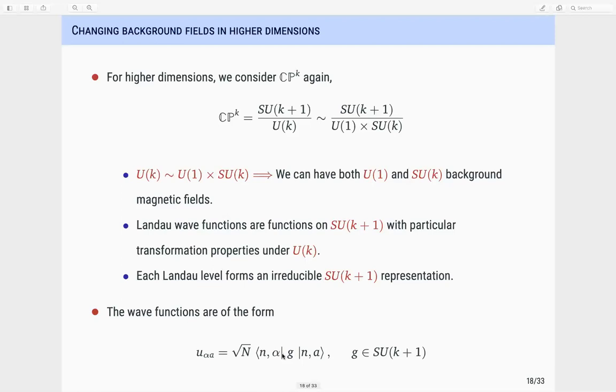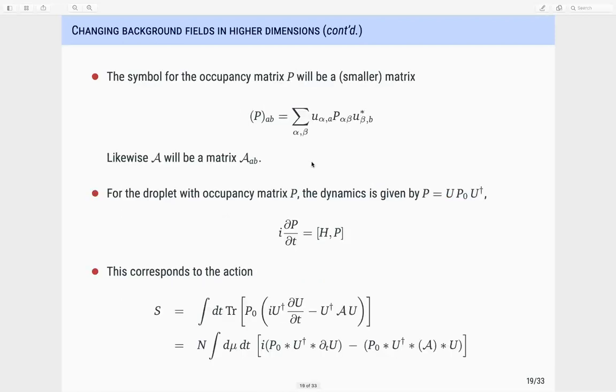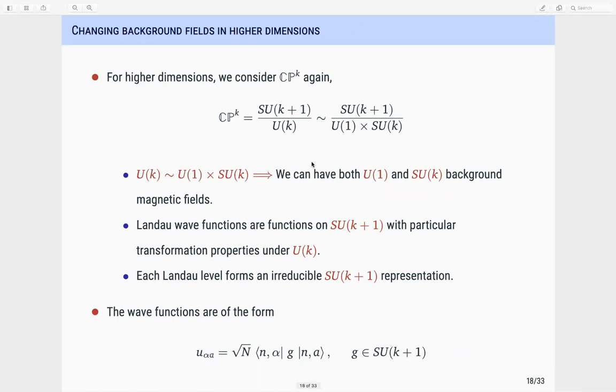So let's take these wave functions. I don't need to construct them explicitly and show you all the details, but the point is there are these wave functions, but notice that there is an index on the right side because the states on the right side may transform as a non-trivial representation of SU(k), so it's not necessarily one-dimensional. Okay.